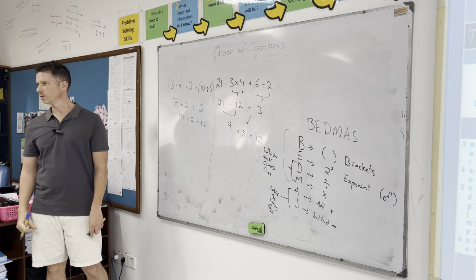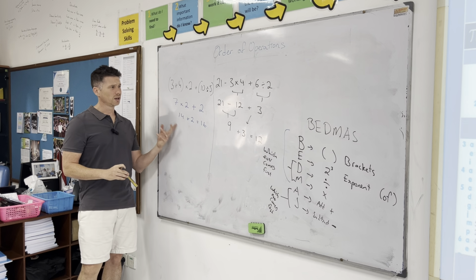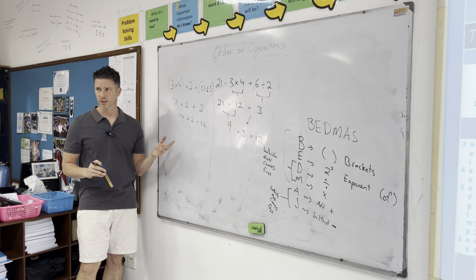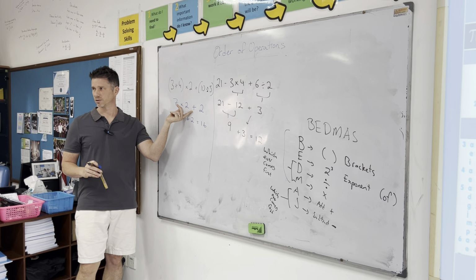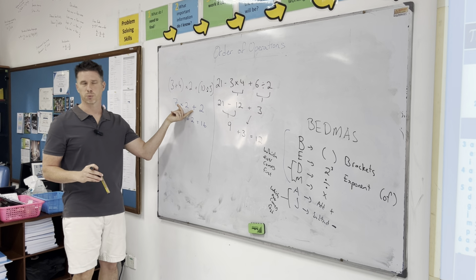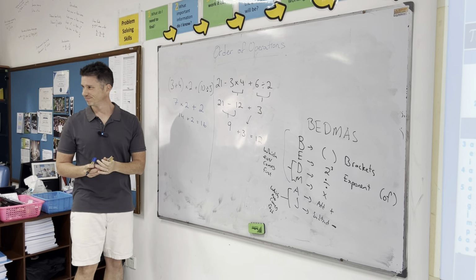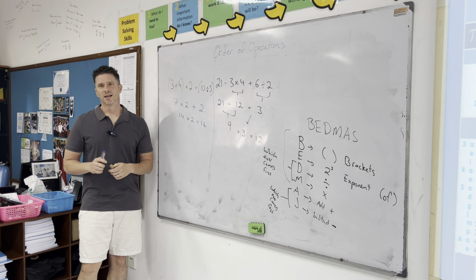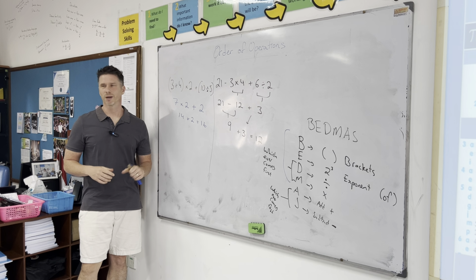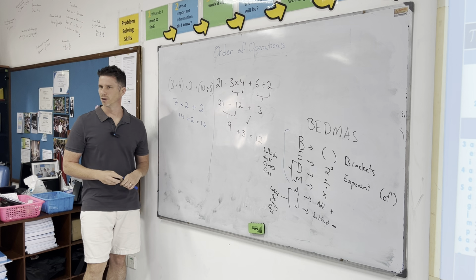Now, when you're doing this work in your book later on, I want to see at least one line of working out. So get from here to here, and then you can write the answer, that's fine. I just want to see that you've done the first step. Why is that? It's in case you make a mistake, I can see where you've gone right or wrong.